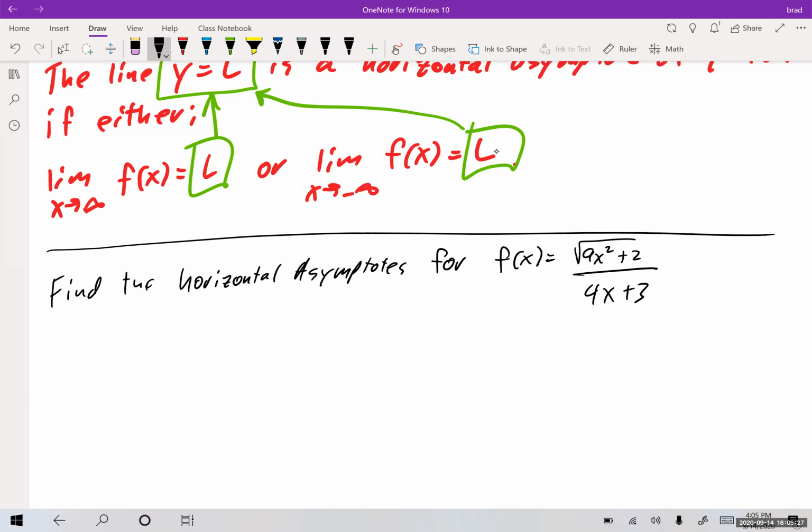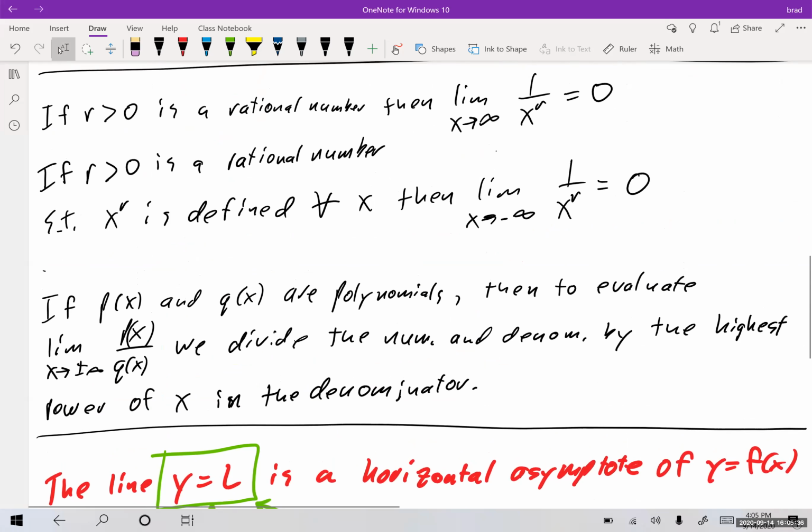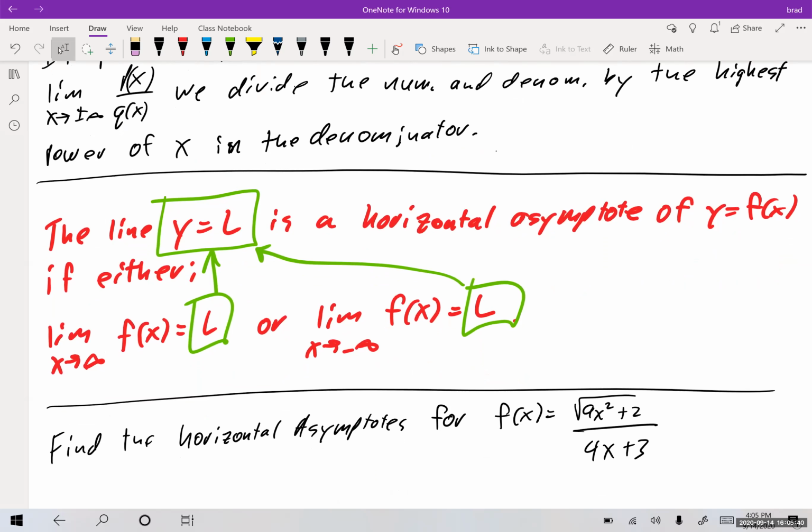Now we have to be a little bit careful because this is a square root of 9x squared plus 2. This is different than just a polynomial divided by a polynomial, so we've got to be more careful.